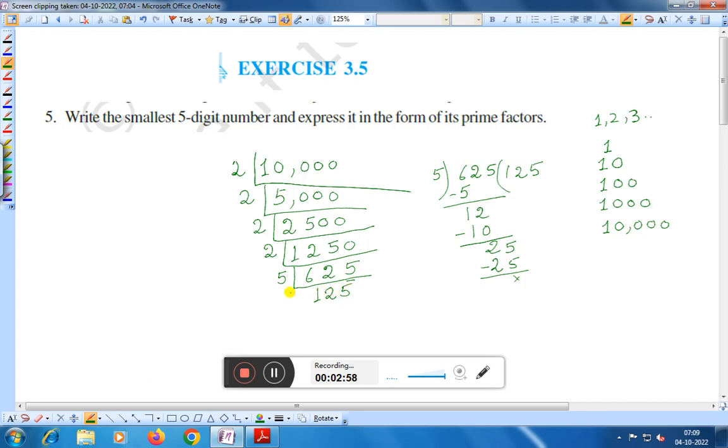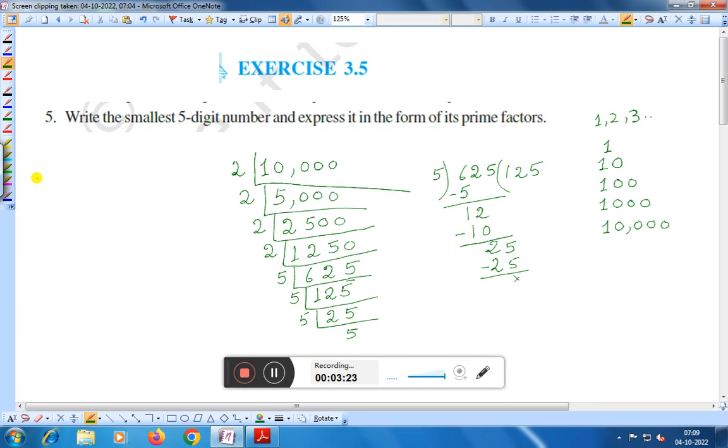If we divide 125, the last digit is 5, therefore this is also divisible by 5 again. That is 5 twos are 10 and 12 to 25, 5 fives are 25. And again, if we divide 25, 5 fives are 25. And what are the factors of 10,000? That is 2 into 2 into 2 into 2 and 5 into 5 into 5 into 5. Right?